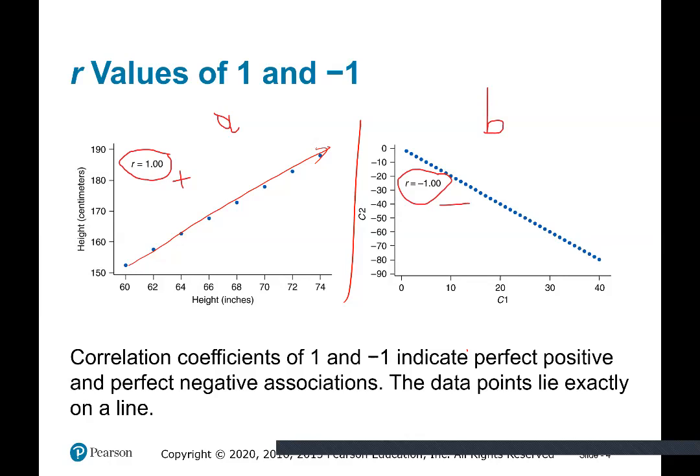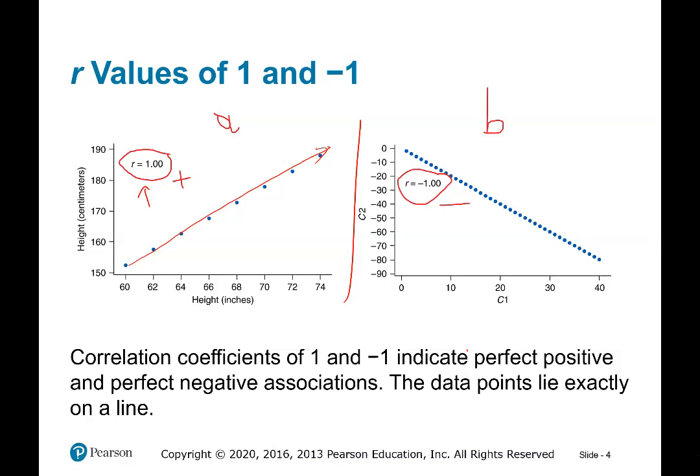Also, because the points are lying exactly on the line, R here is equal to 1. Similarly, for the second graph, you see that the line is going down and the points lie exactly on a line, so it has to be negative, but because it's exactly on the line, it should be equal to -1.